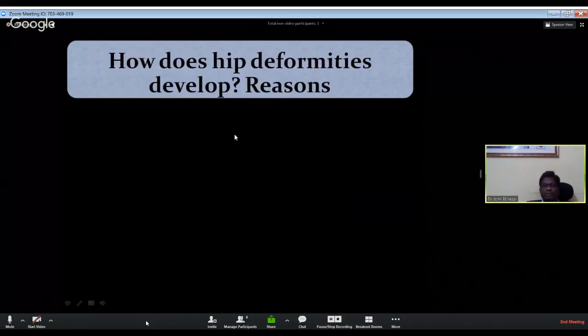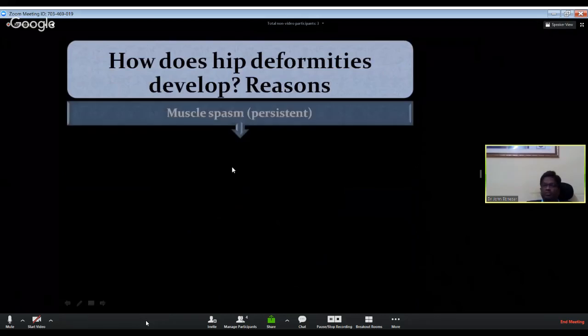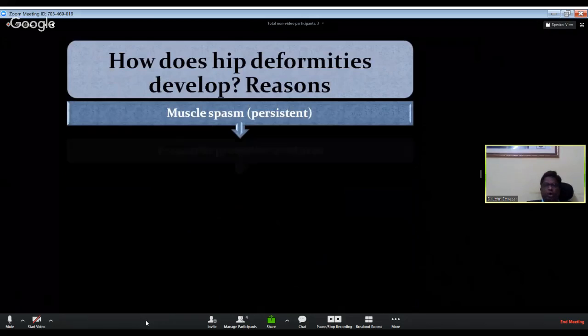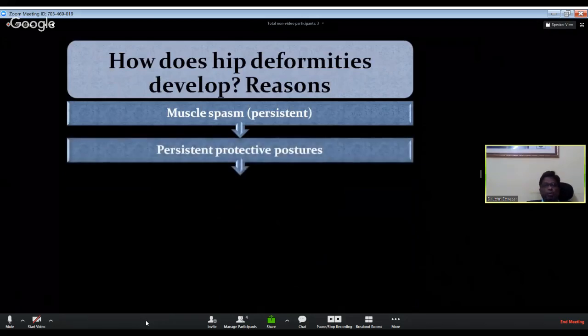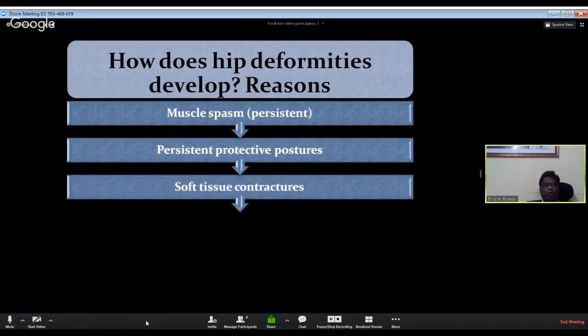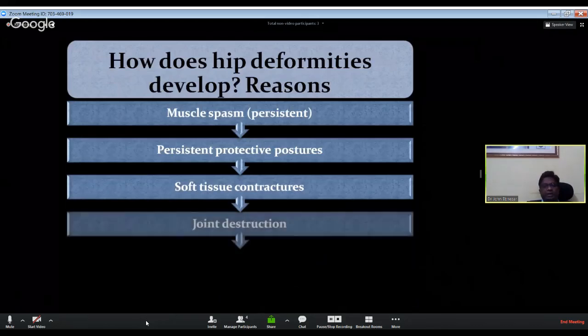Now, how do these hip deformities develop? What are the reasons? We should know. Initially, because of the pathology, there is muscle spasm. And if this muscle spasm persists for a longer time, then protective postures may be adopted by the patient. And because of the protective postures adopted for a longer period of time, there could be soft tissue contractures, which are soft initially, then later on become quite hard.